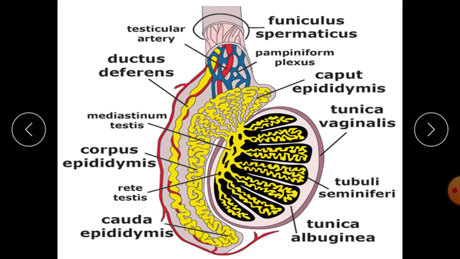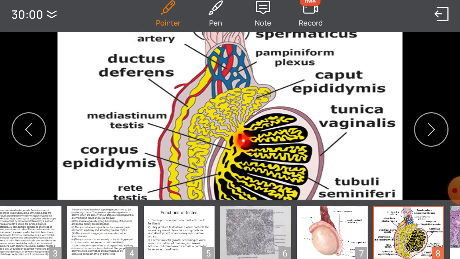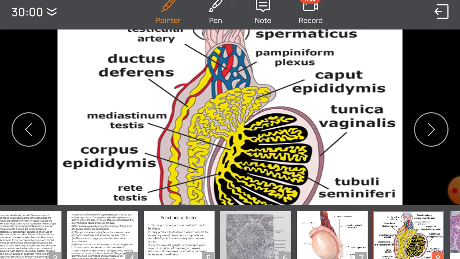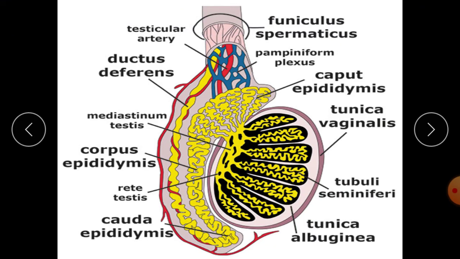So these seminiferous tubules open into the rete testis, later on into the epididymis. This is called epididymis, a very long, convoluted, coiled, thin tube.